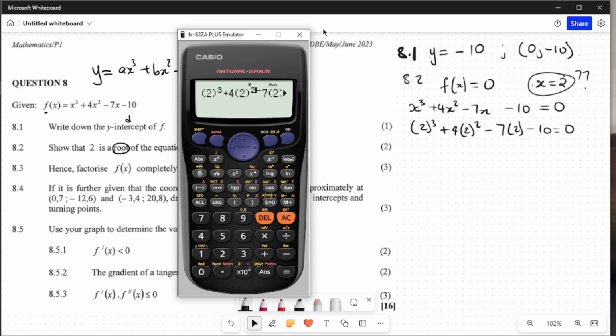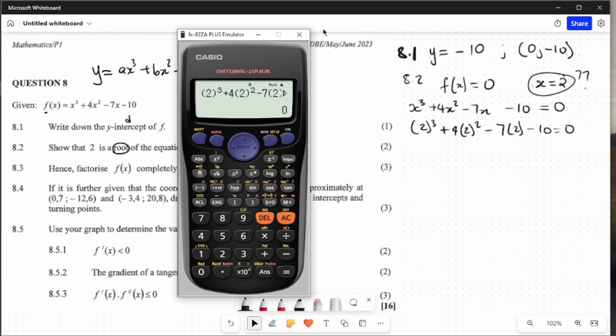Okay, math error, let's see. There I made a mistake with my sign. I just fixed it, just to double check if we get everything right. Okay, everything is fine. Now there is the answer.